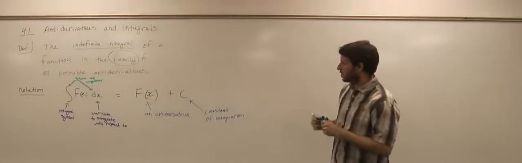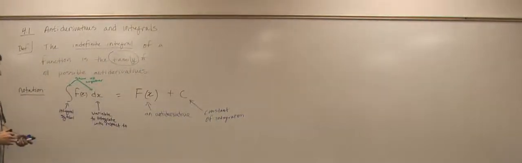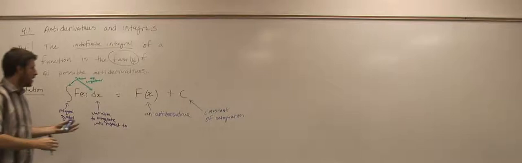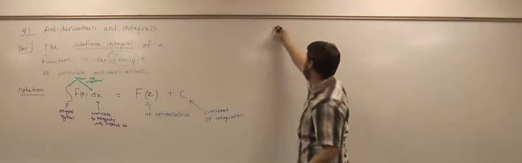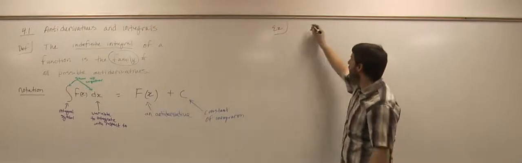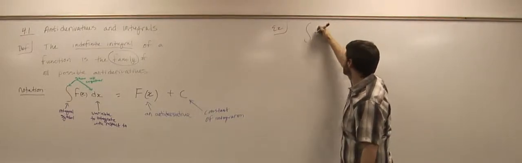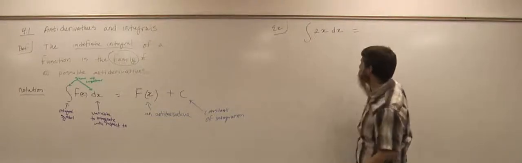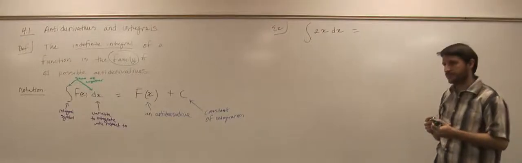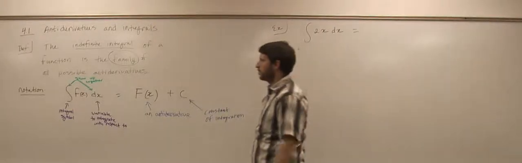I don't want to belabor this too much, but a quick picture here: if I want you to find the integral of 2x dx, what would this be? x squared plus c.